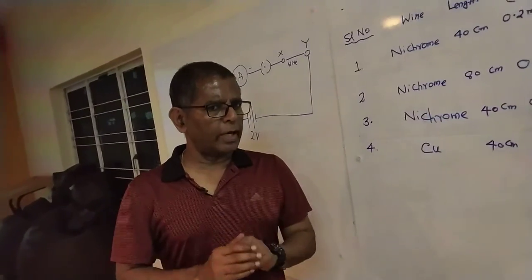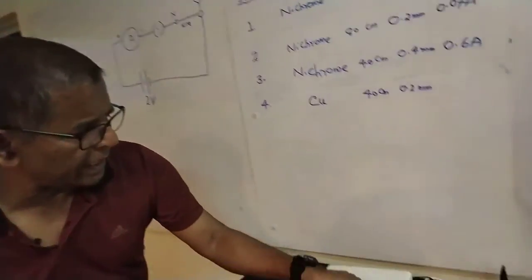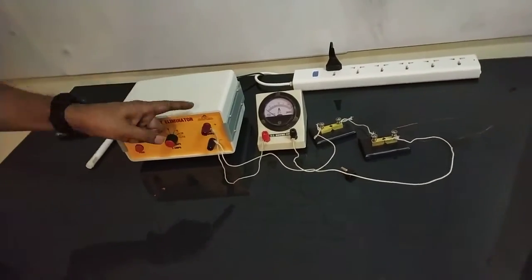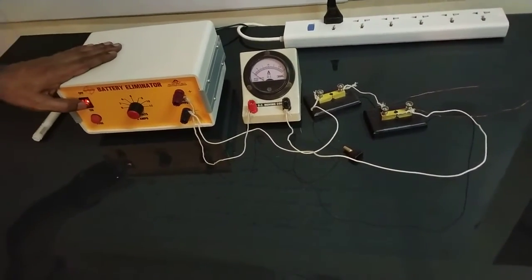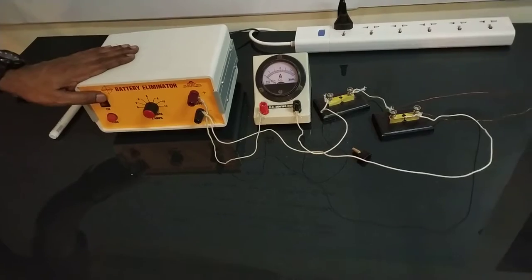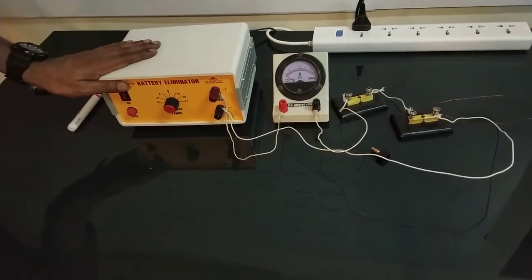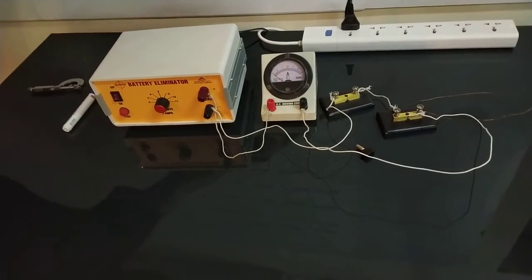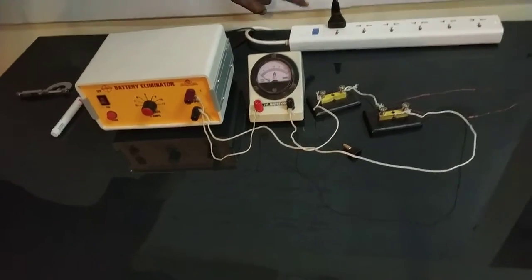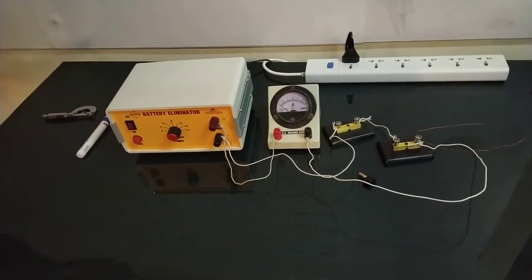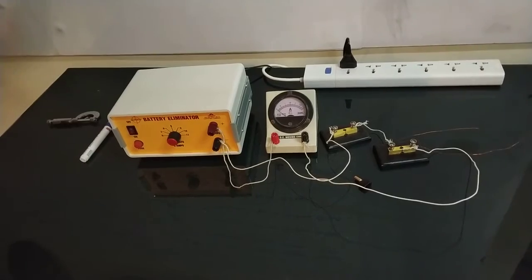So one most important thing is, when you are doing any connection or reconnection, you must ensure that the supply is off. So after doing the connection, if required, you can remove the plug from the socket. Otherwise, your circuit is likely to get damaged.